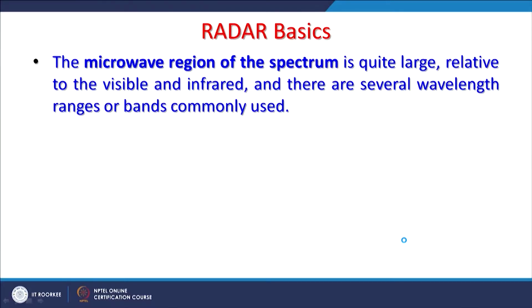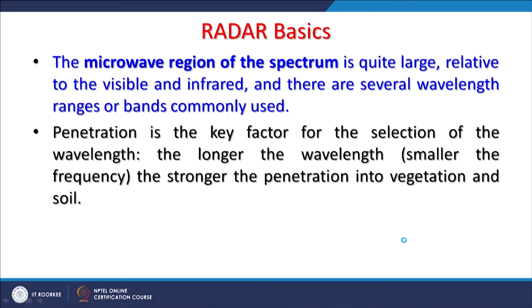As you know, the microwave region of the spectrum is quite large, 1 centimeter to 1 meter, compared to visible and infrared, which have bandwidths in micrometers only. There are several wavelengths or bands commonly used in microwave, which we are going to see soon.